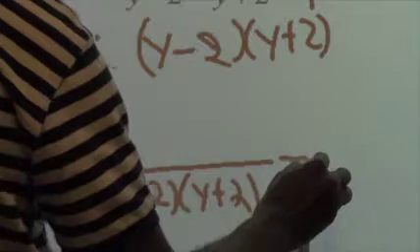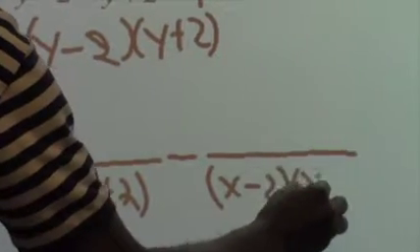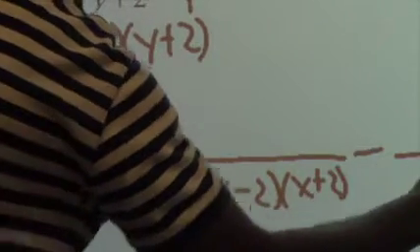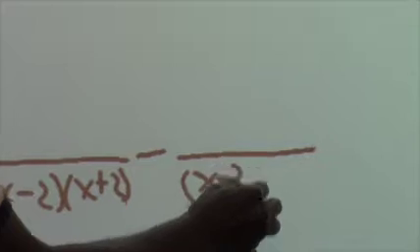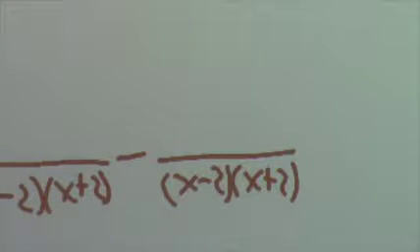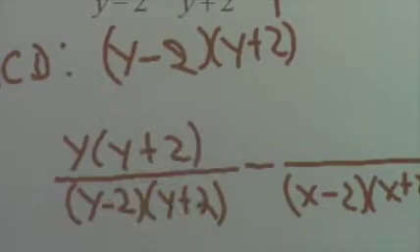So the second fraction will also have the same denominator, y minus 2, y plus 2, minus y minus 2, y plus 2. Now, let's go. For the first fraction, if we divide y minus 2 by this, we'll be left with y plus 2. So we have y times y plus 2.